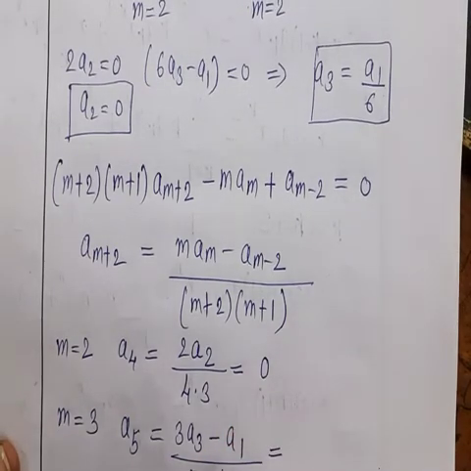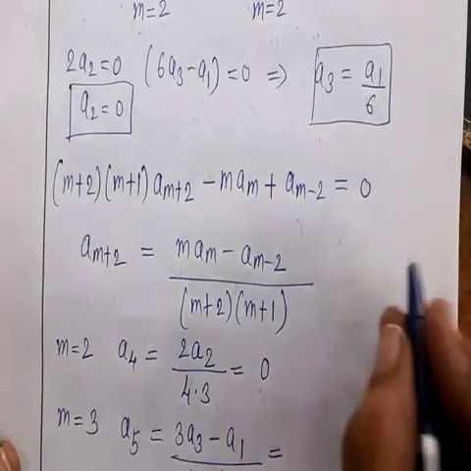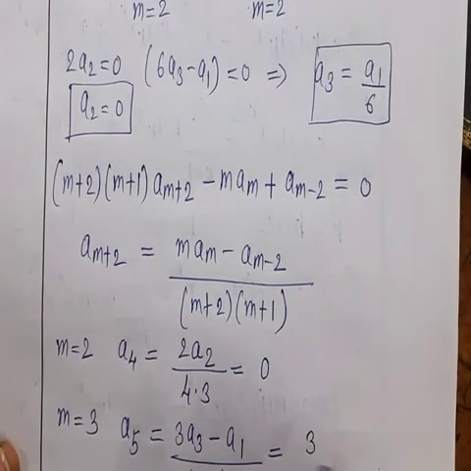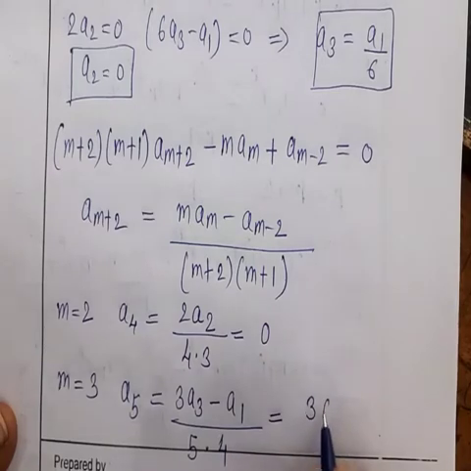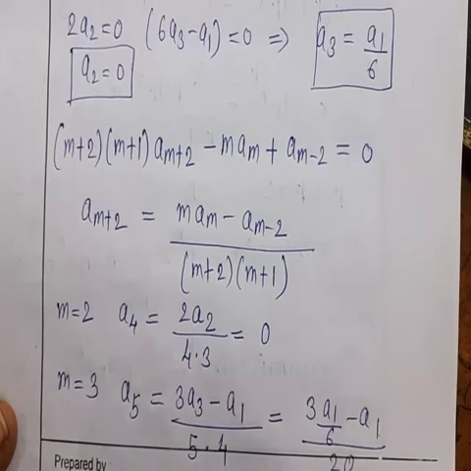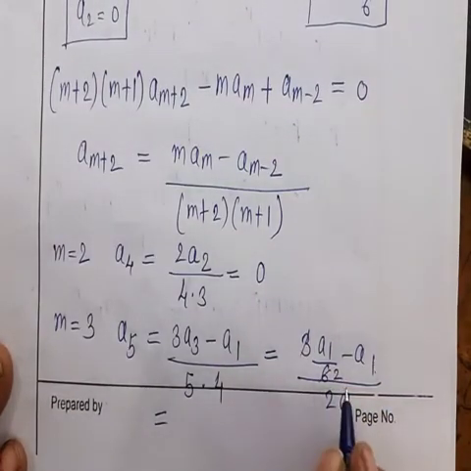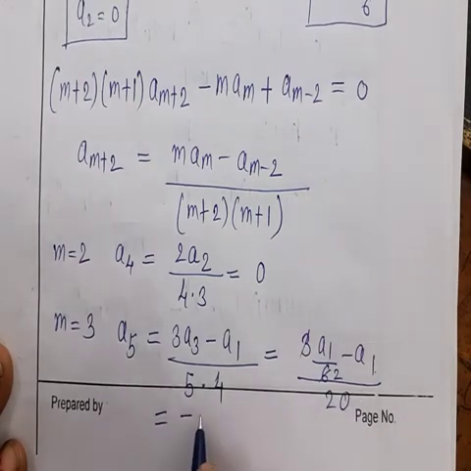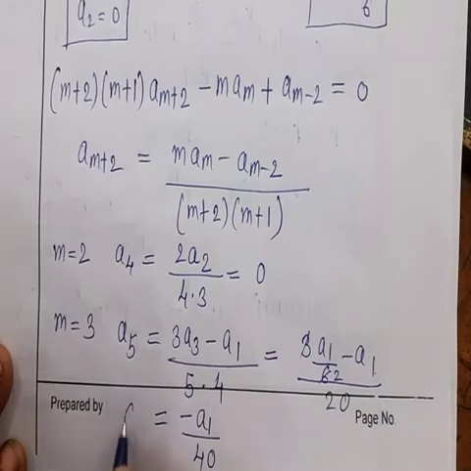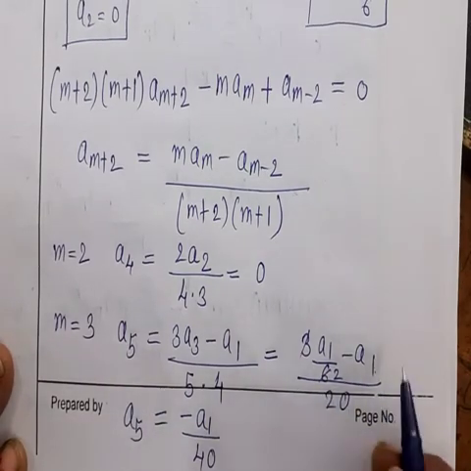So 3a3, and a3 value is a1 divided by 6. So 3 times a1 divided by 6 minus a1, divided by 20. So it is a1 by 2 minus a1, which is minus a1 divided by 2, divided by 20, is minus a1 by 40. This is a5.